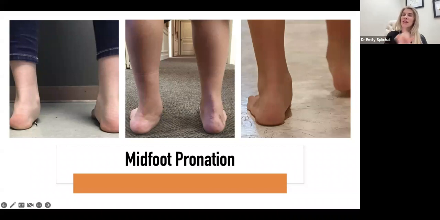Now, that doesn't mean they don't do corrective exercise. It just means that we have to understand the realistic expectation for that individual on how we guide them and recommend. So as soon as something becomes midfoot pronation, I will then start to have the conversation of using orthotics or arch supports appropriately.